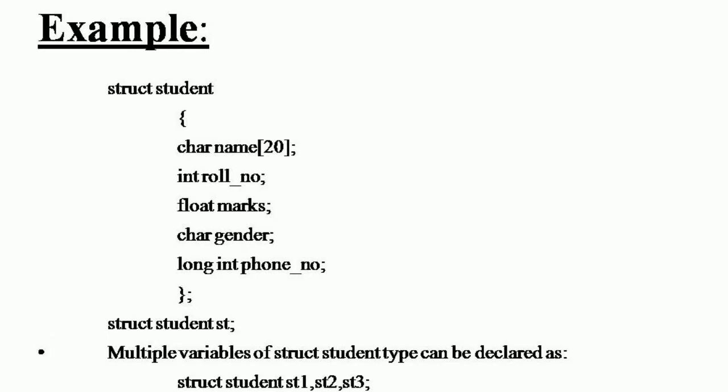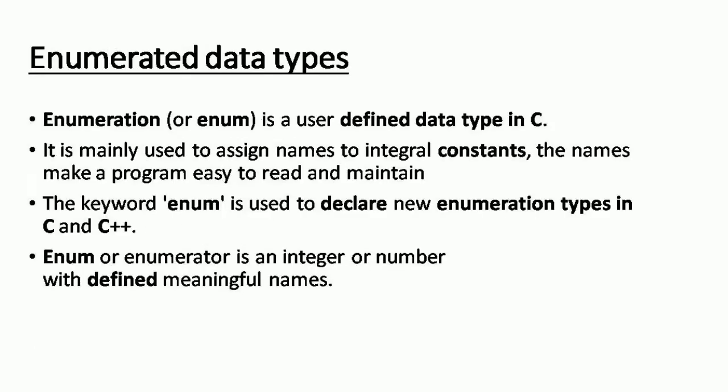Then go to the enumerated data types. What is the enumeration? Enumeration, or enum for short, is a user-defined data type in C. It is mainly used to assign names to integer constants.